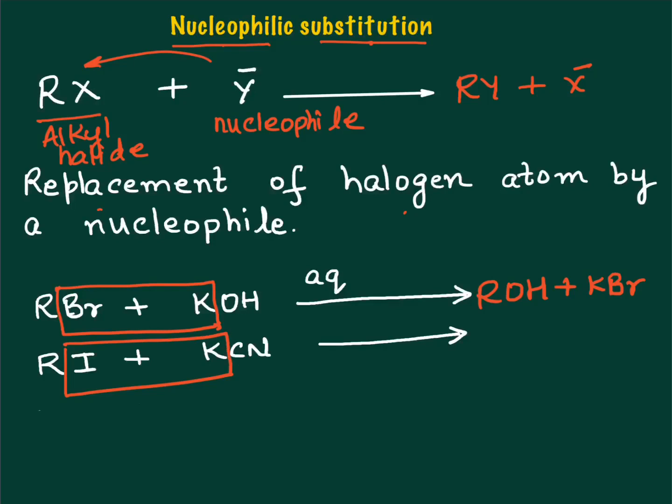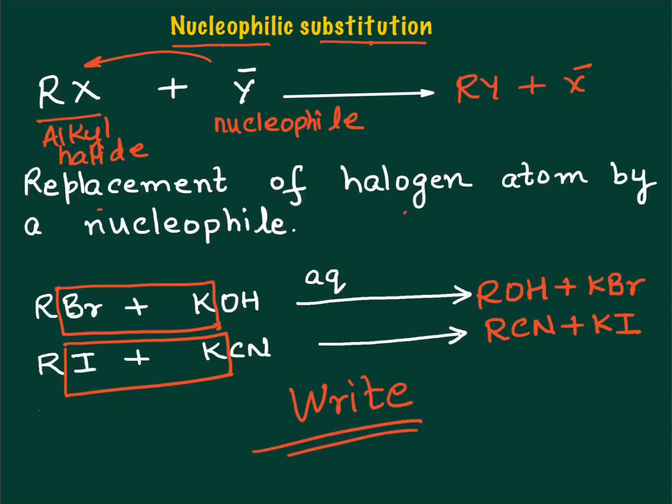So I'll just break it like this, and we will have RCN plus KI. Now this topic will become easy for you as well if you continue to write alongside whatever you are understanding over here. It is very important for you to write this down alongside with me.